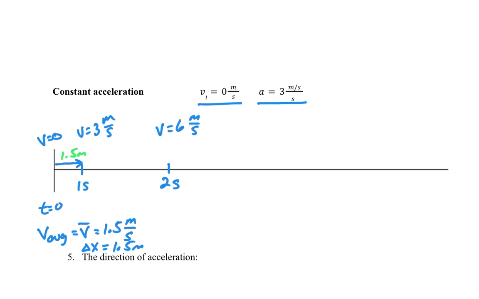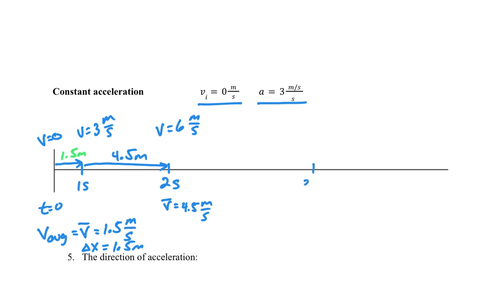So it's gone quite a bit faster. Now the average velocity from 1 second to 2 seconds: 3 plus 6 is 9, divided by 2. The average velocity for that time period was 4.5 meters per second. That means between 1 second and 2 seconds, the object traveled 4.5 meters. We figured that out just the way we did before.